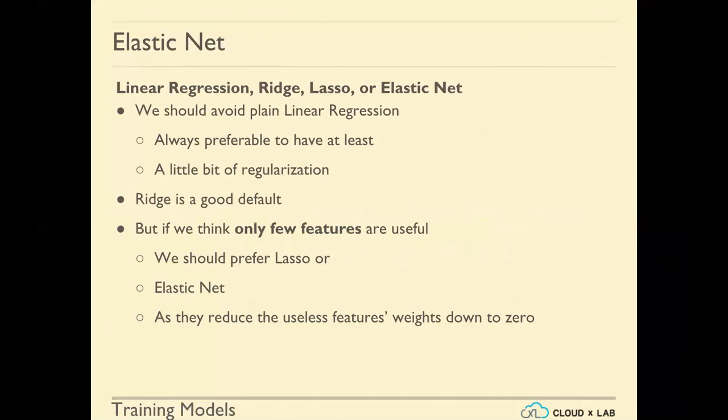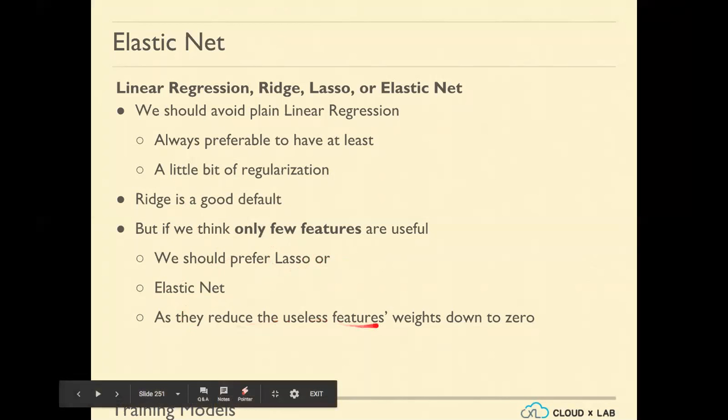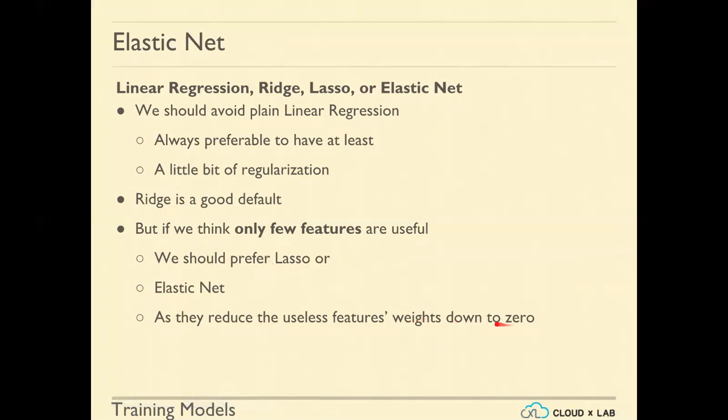In the real world, plain linear regression is not going to work because there are chances of a lot of noise and overfitting. So ridge is a good default, but if we think only a few features are useful, we should prefer lasso or elastic net, as they reduce the useless features' weights down to 0.